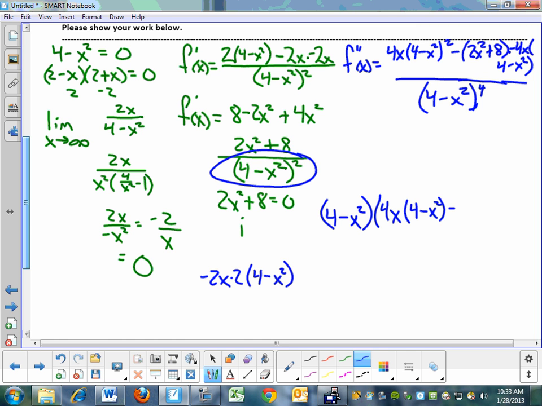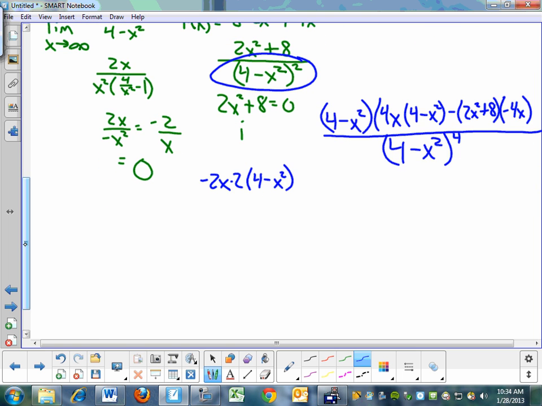Minus, we have a 2x squared plus 8 times only negative 4x, correct? All over 4 minus x squared to the 4th. Now, that's to the first power, so we can take one of them off to get rid of this.